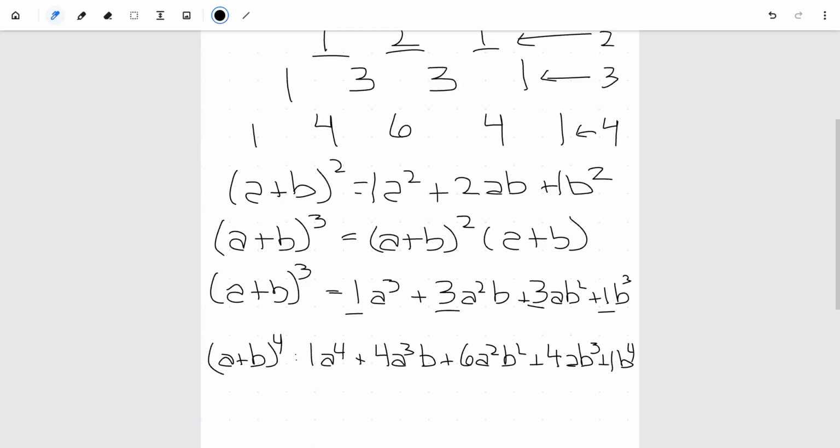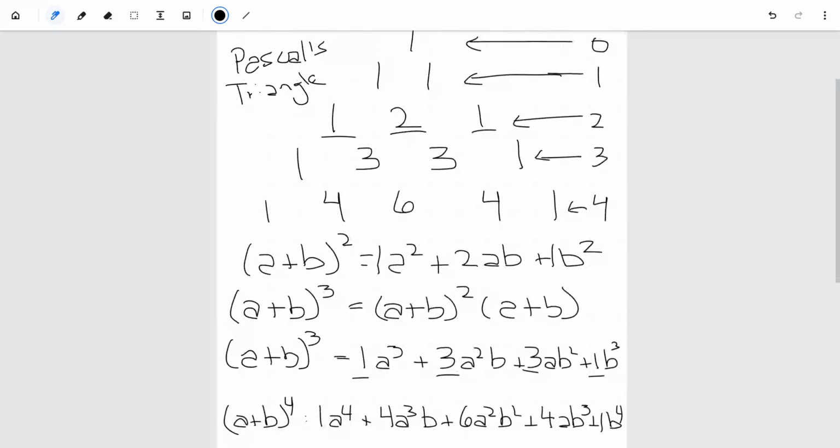And the b variable is increasing: b to the 0, b to the 1st, b to the 2nd, b to the 3rd, b to the 4th. And we are simply multiplying it by the coefficients from Pascal's triangle.